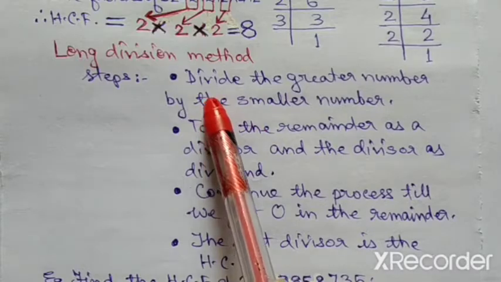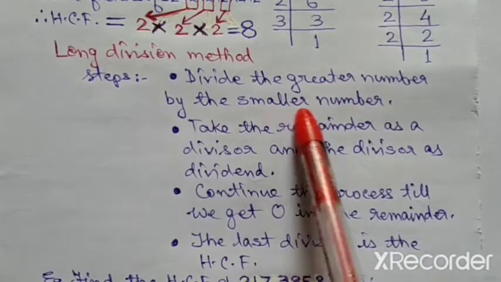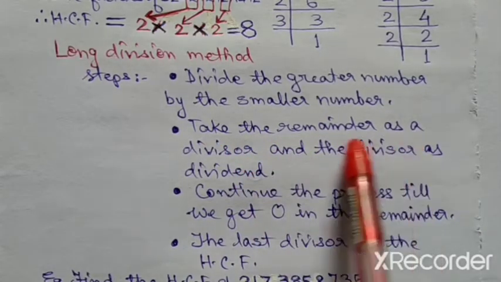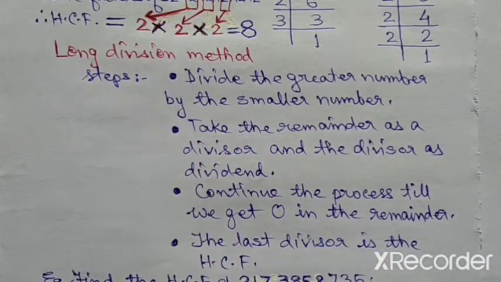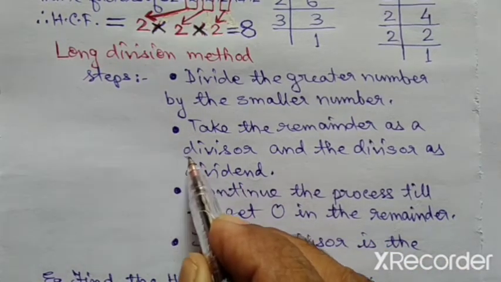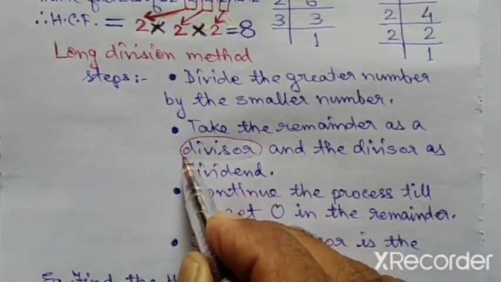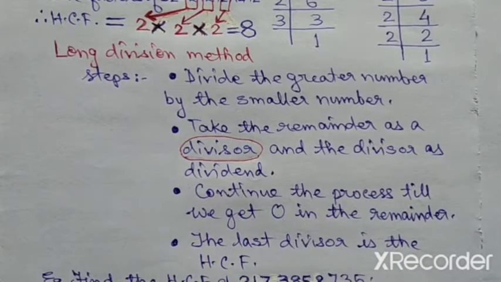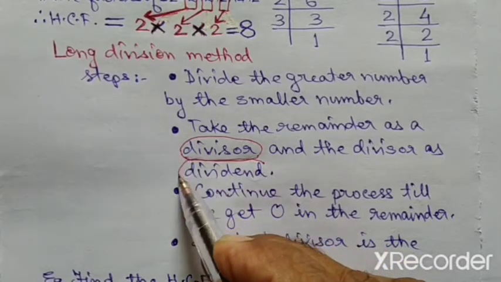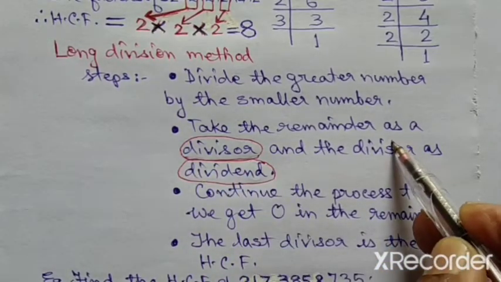First, divide the greater number by the smaller number. Second, take the remainder as the divisor and the divisor as the dividend. Try to understand, children.